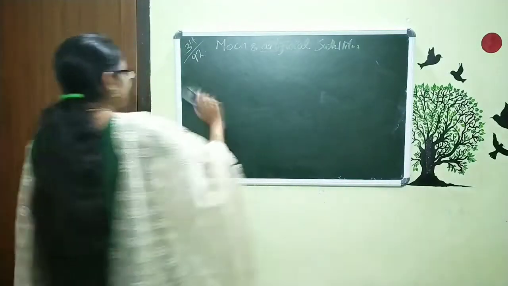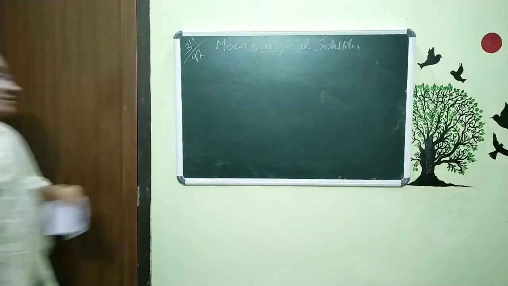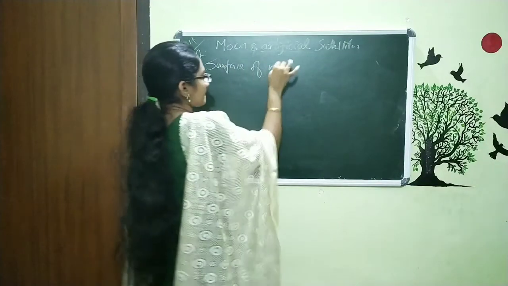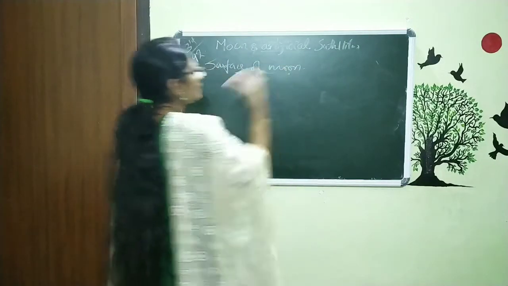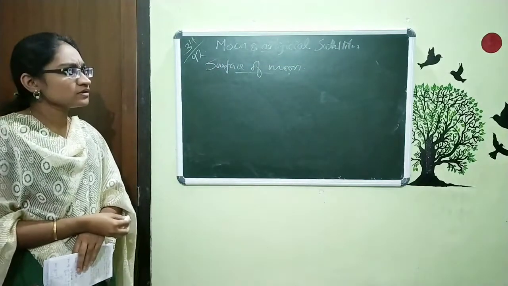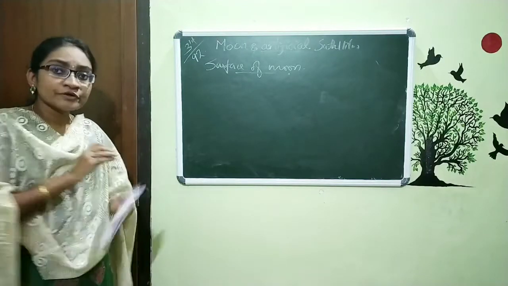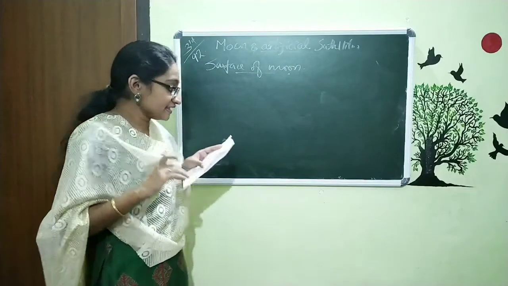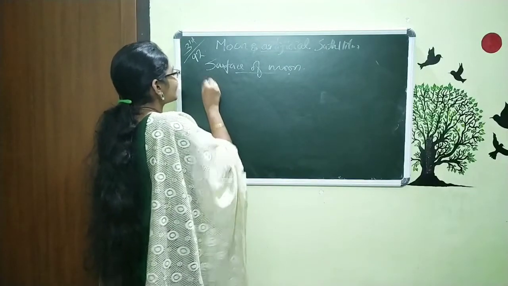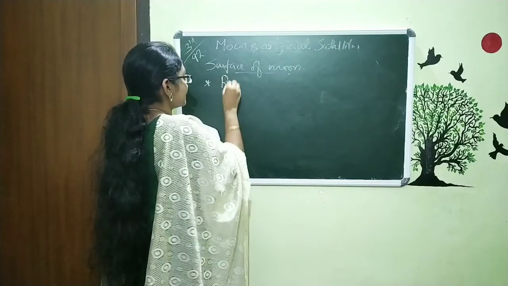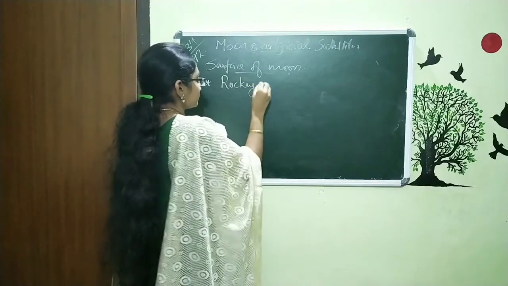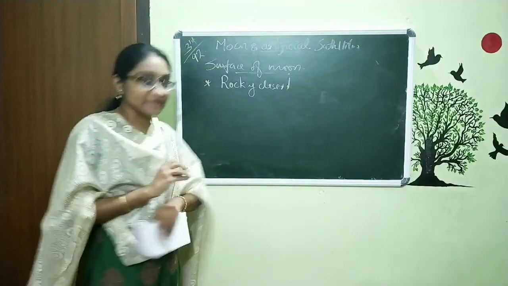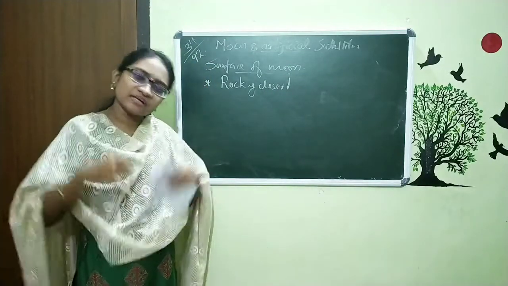Next we are going to study the surface of the moon. What about the surface of the moon? Is the surface very smooth? No, actually the thing is this, our moon's surface is a rocky desert. Rocky desert means the surface has a number of rocks.